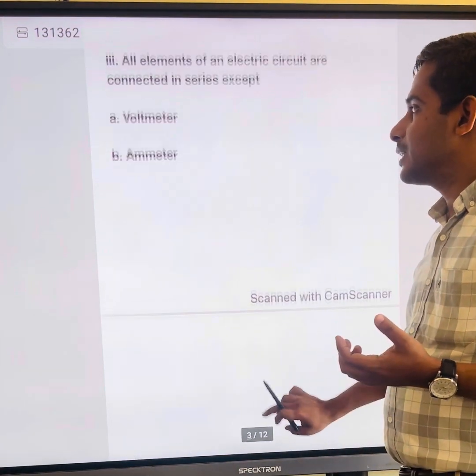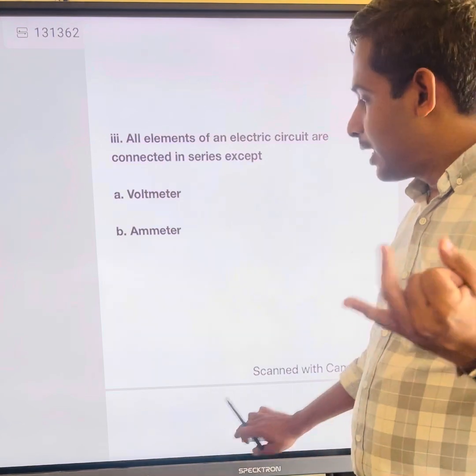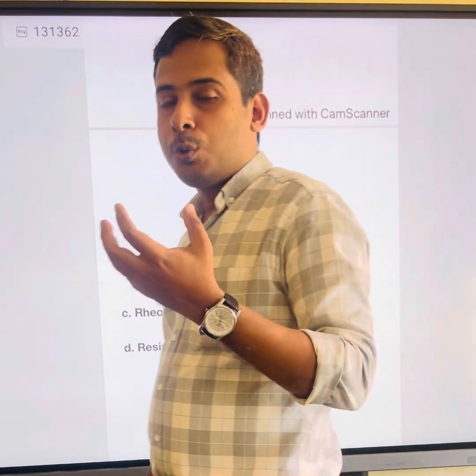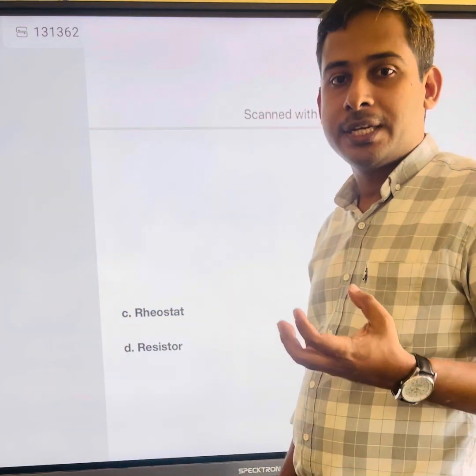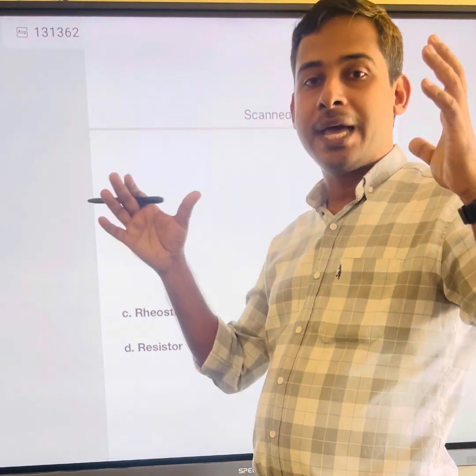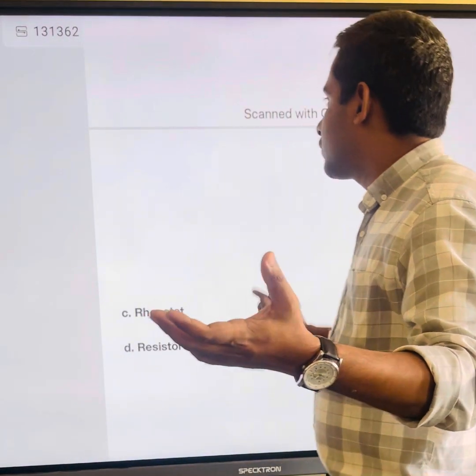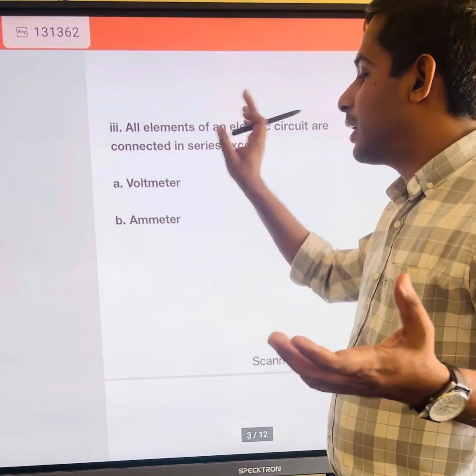So 4 devices we have: voltmeter, ammeter, then rheostat and resistor. Out of this, voltmeter is always connecting as parallel in an electric circuit, right? So that's why our answer is option number A.